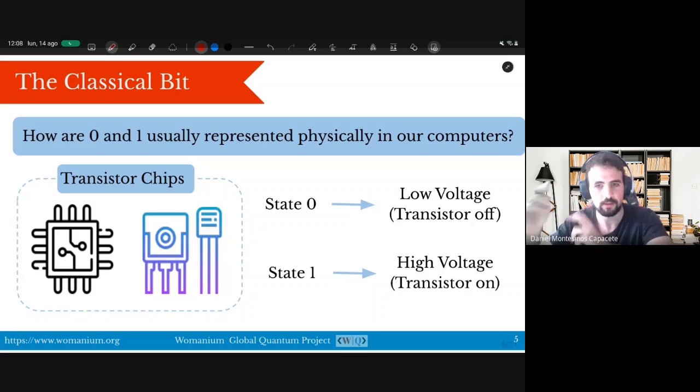We can call this low voltage state zero, and also the high voltage state, when the transistor is on, we can call this other state the state one, right? So with a lot of transistors in a chip, we can do different computations using electric signals, and that's how everything works.